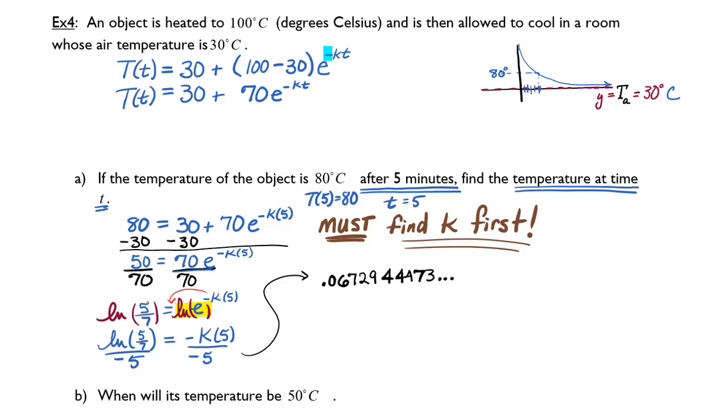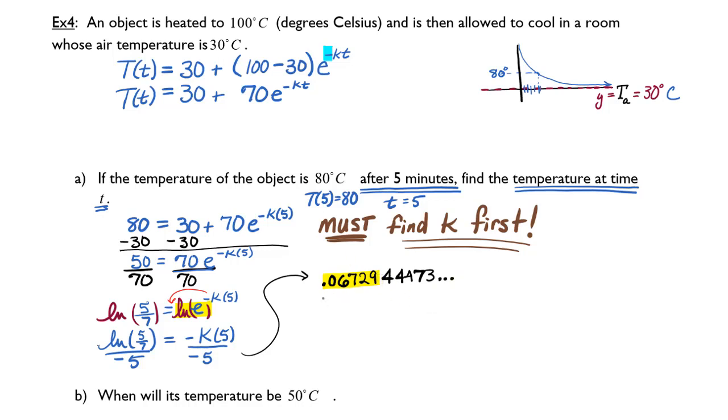So you need to leave it at least 5 decimal places. If you don't, your temperature starts getting all messed up and you'll be off by a few degrees. So keep at least 4, but I would prefer 5 decimal places.